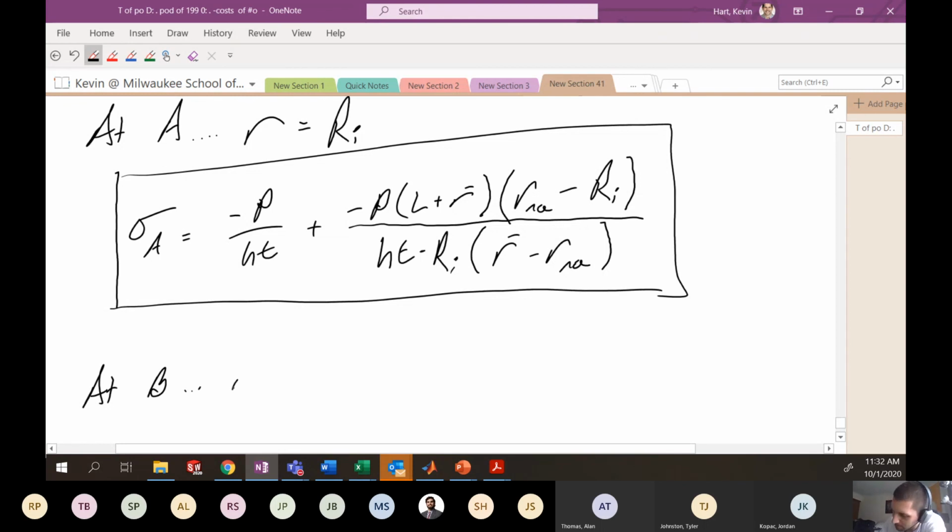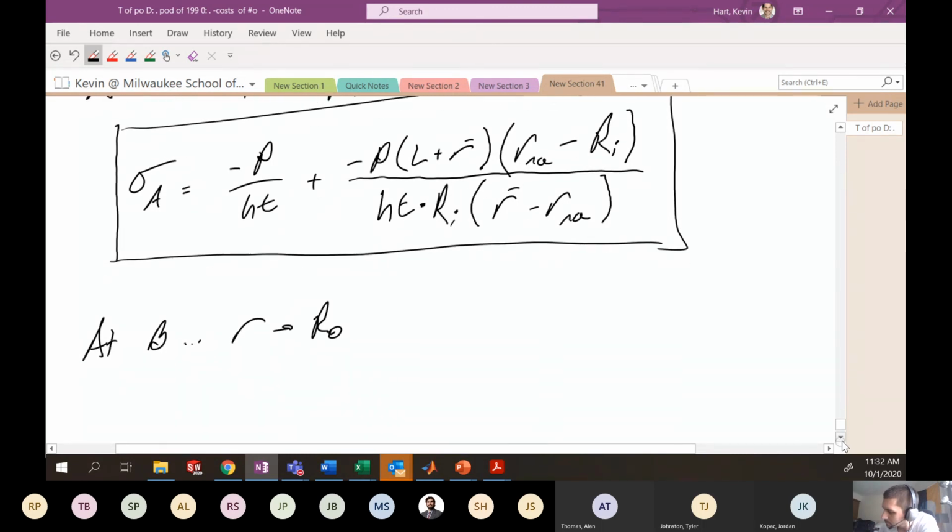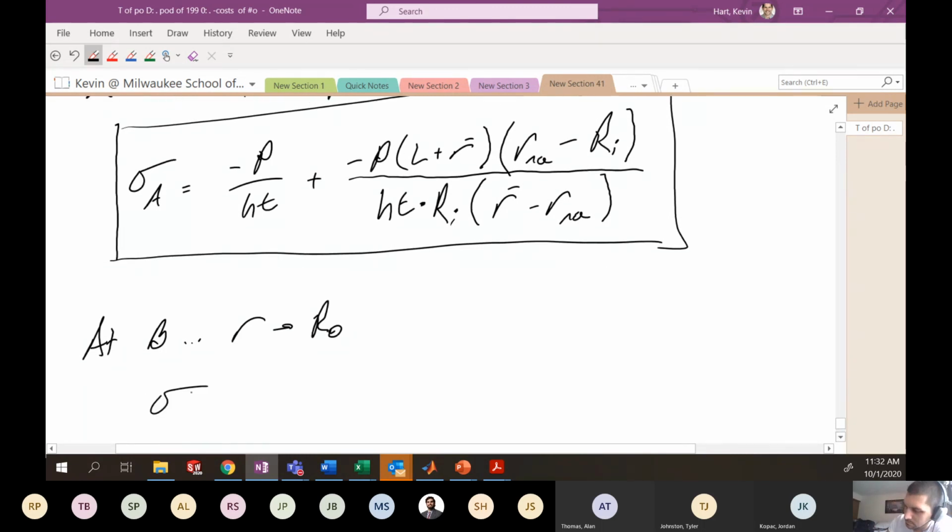At B, this R is R outer. It will look very similar. We still have this compressive component, still have the same bending moment, and still have the same neutral axis location.